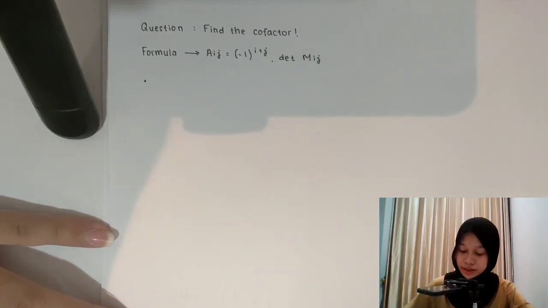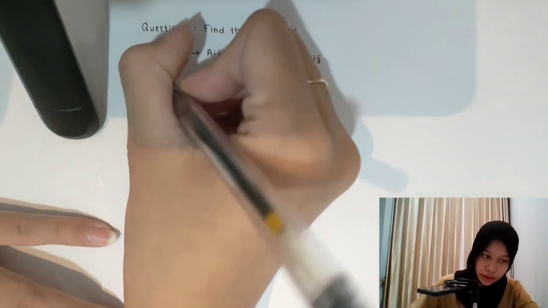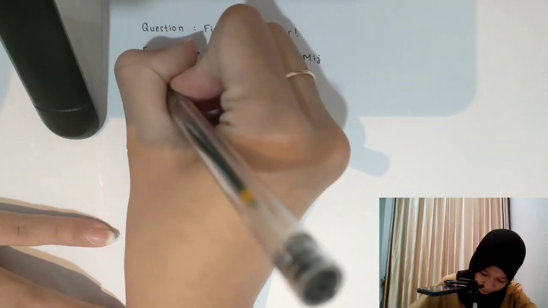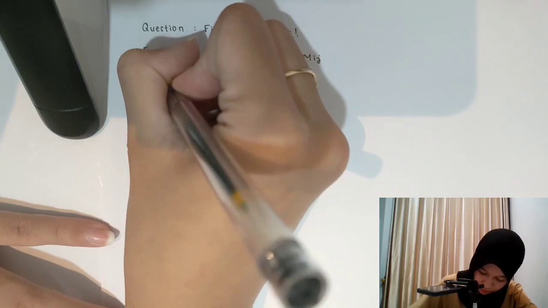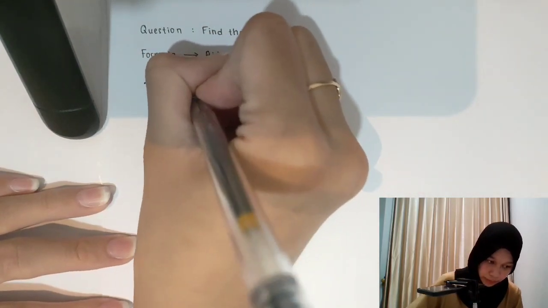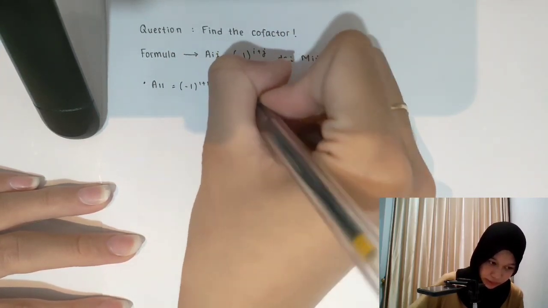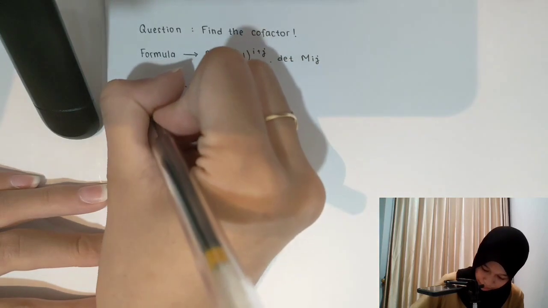So the next question is to find the cofactor. And this is the formula of the cofactor. The cofactor of first row and first column is minus 1 to the power of 1 plus 1 times 6. It will be 6.